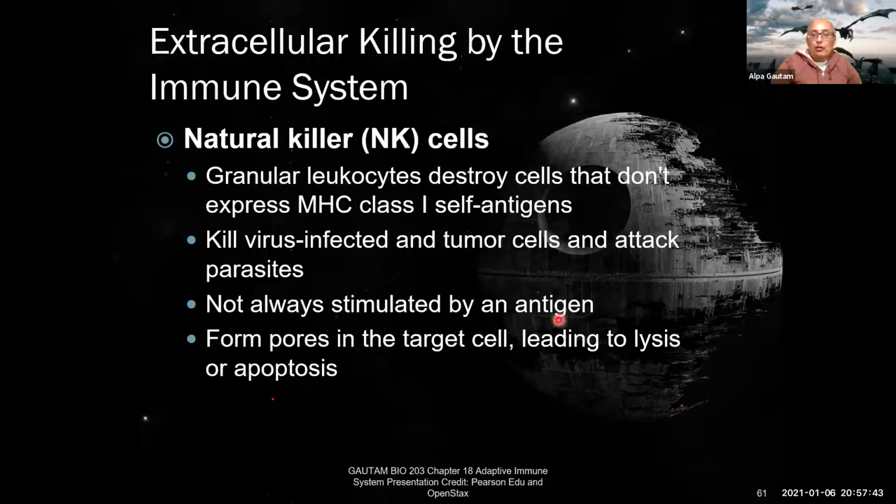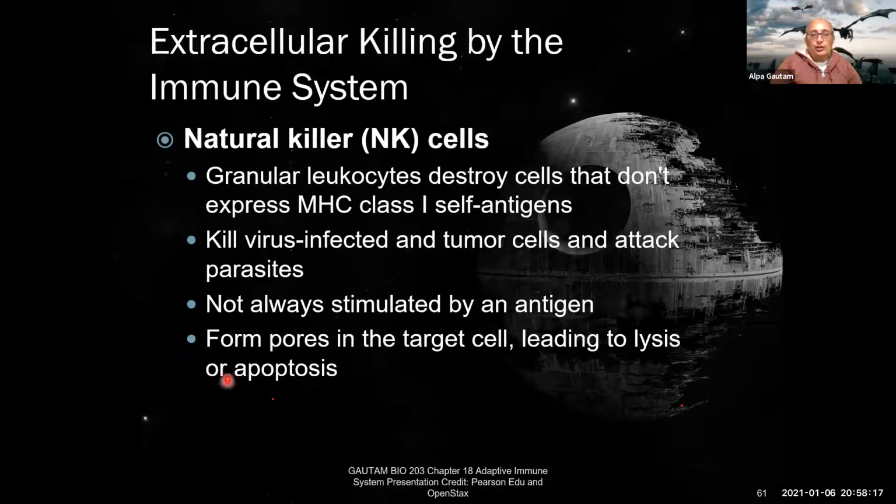They don't require binding of a specific antigen, but what natural killer cells detect on cell surfaces are different glycoproteins or glycolipid proteins that are sticking out. So they're not really looking for antigens. They detect what is not of the self, so they detect abnormal glycolipid expression on the cell surface.